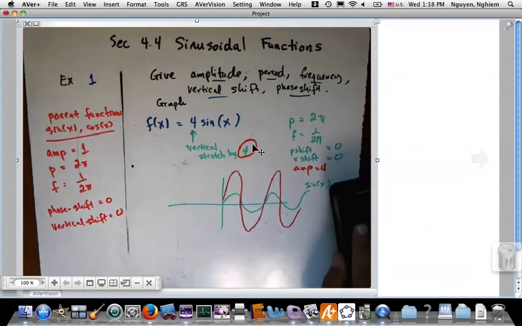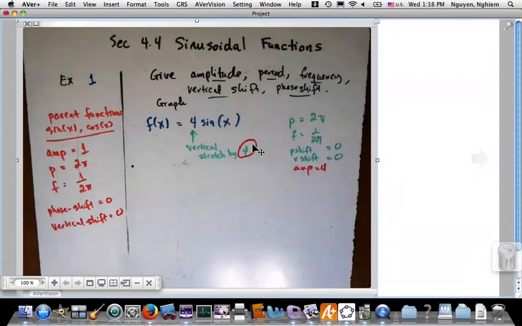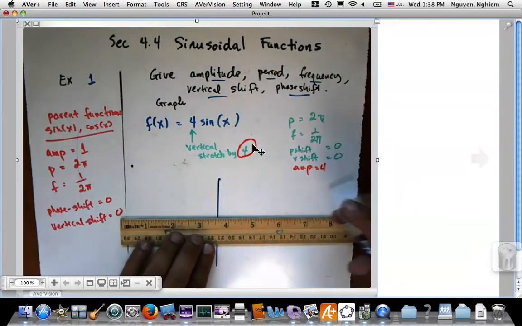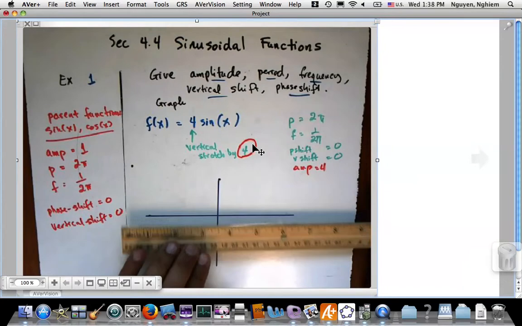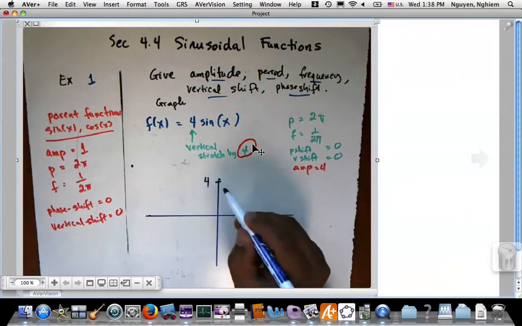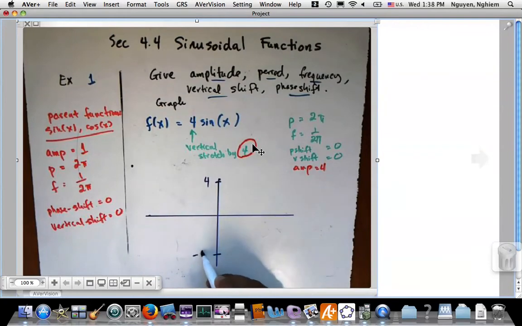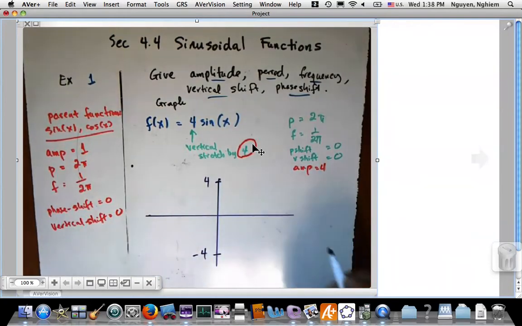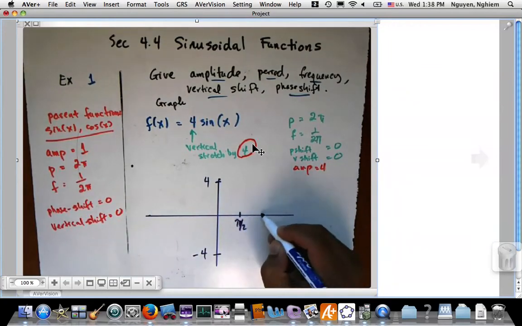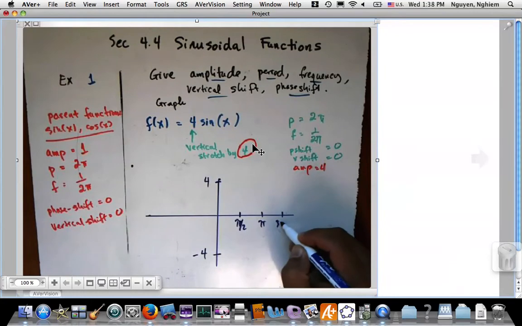And so I'm going to switch back to my whiteboard here, and I'm going to graph this again, but much more neatly, much more accurately, and you should do the same as well. So it's the exact same thing as it was before, but instead of going from +1 to -1, it's going to go from +4 to -4, and I'm going to create increments of pi over 2, pi, 3 pi over 2, and 2 pi.